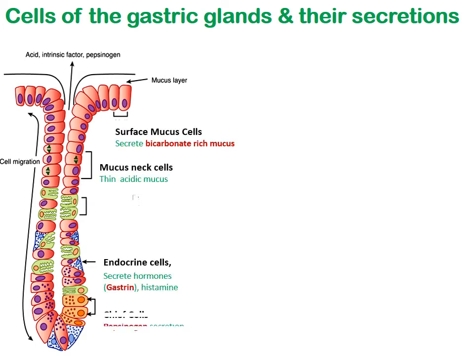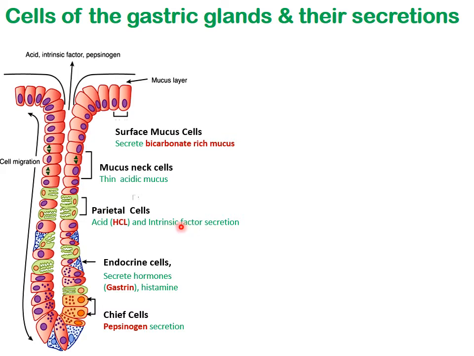These are different types of cells you will be learning. Surface mucus cells secrete bicarbonate-rich mucus, and mucus cells secrete thin acidic mucus. So mucus itself is of two types, bicarbonate-rich mucus and acidic mucus. Then there are parietal cells, which secrete HCl or hydrochloric acid and intrinsic factor.